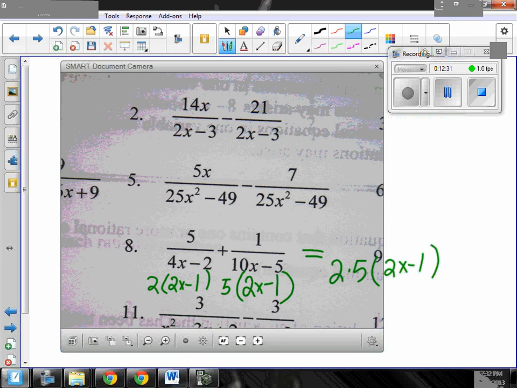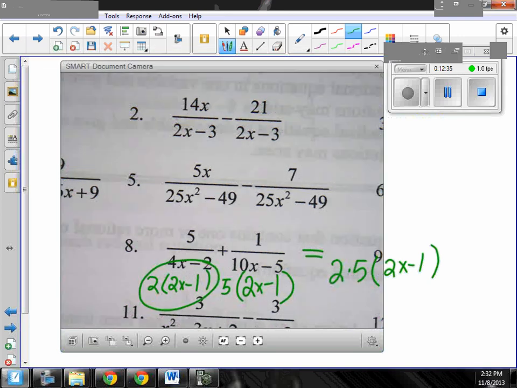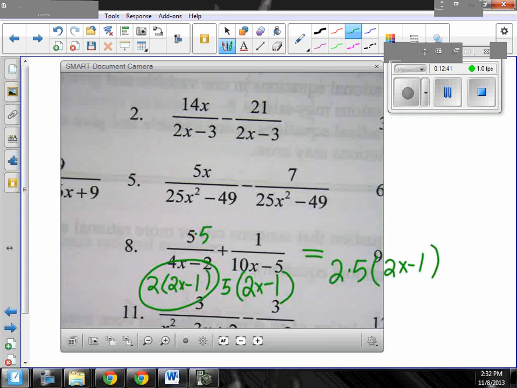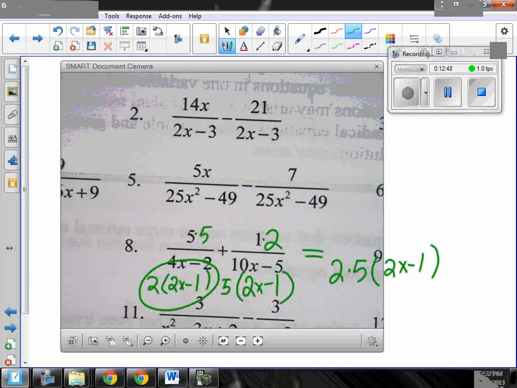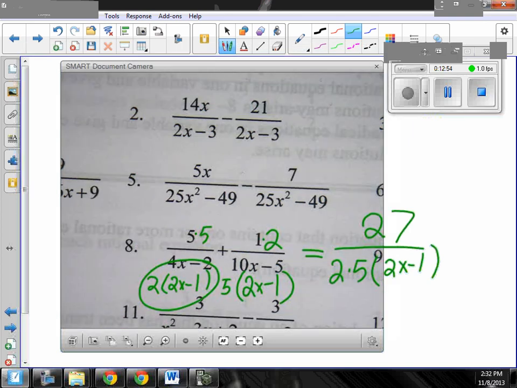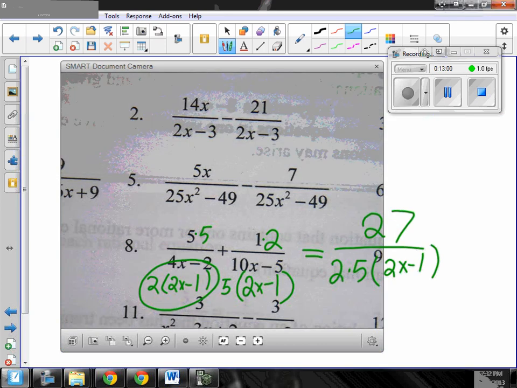Okay, so the first denominator only lacks a 5. So I times the numerator by 5. The second denominator lacks a 2, so I times that by 2, and I get 25 plus 2 is 27. Will anything cancel? 27 is 3 times 3 times 3, so no, they don't have any common factors.